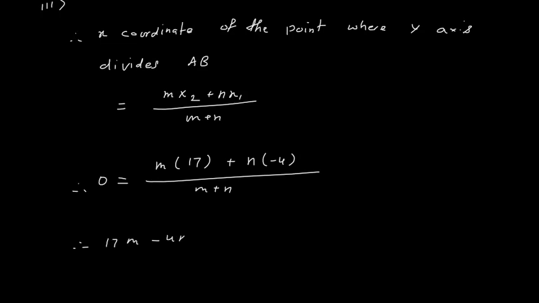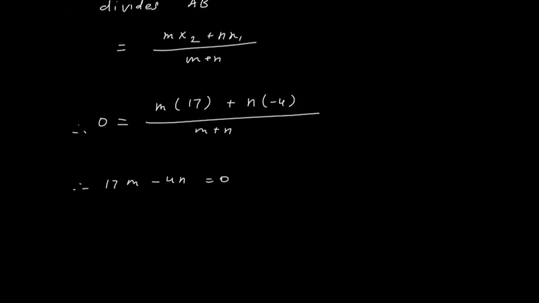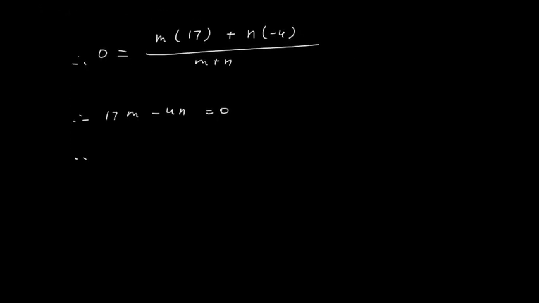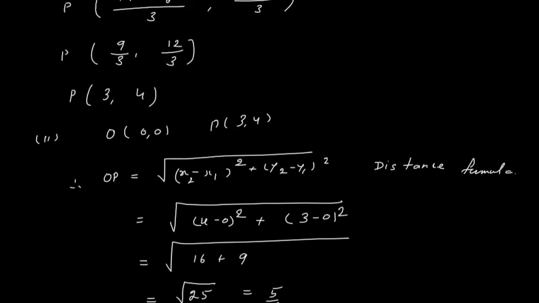So therefore 17m is equal to 4n, and m upon n is equal to 4 upon 17. So in the ratio 4 upon 17, the y axis is going to divide the line AB. Simple.